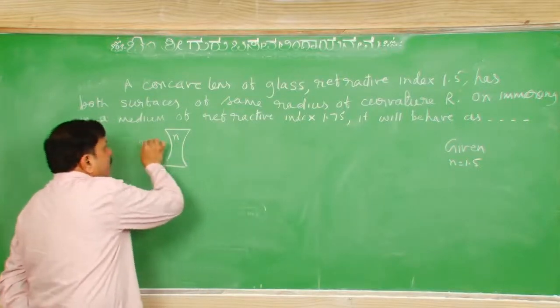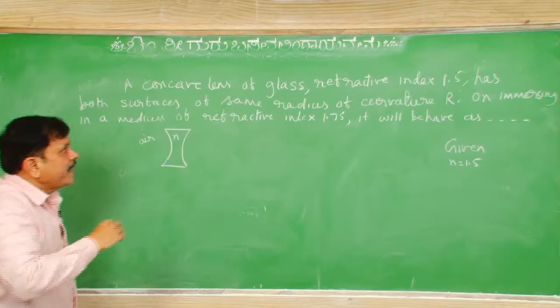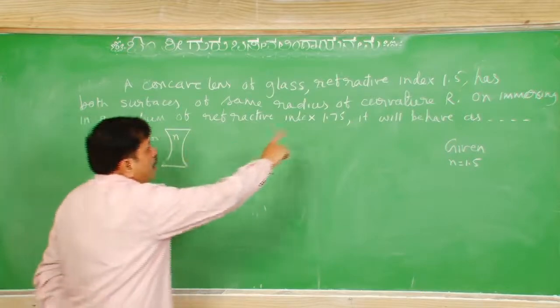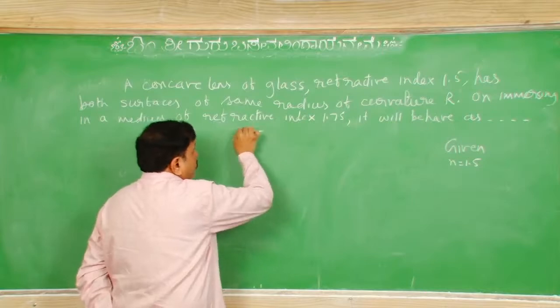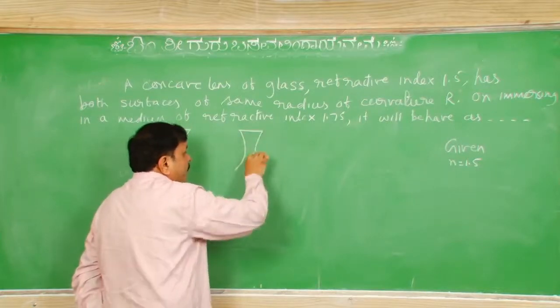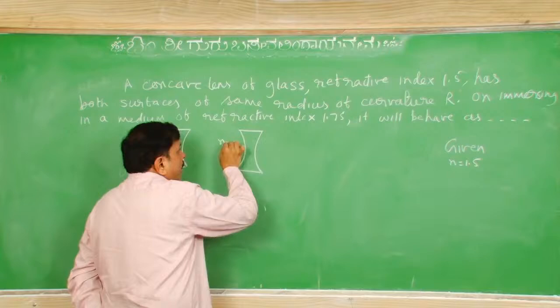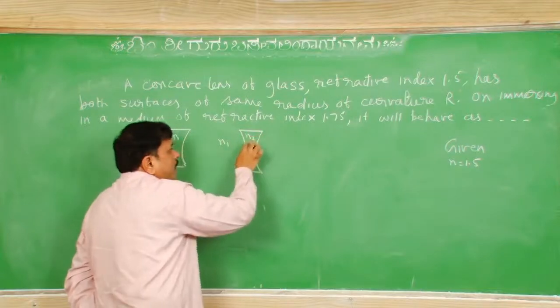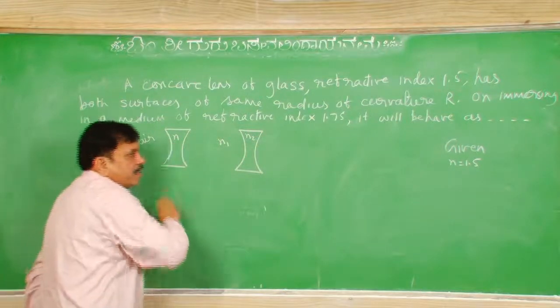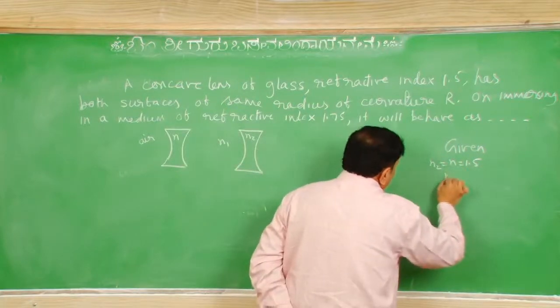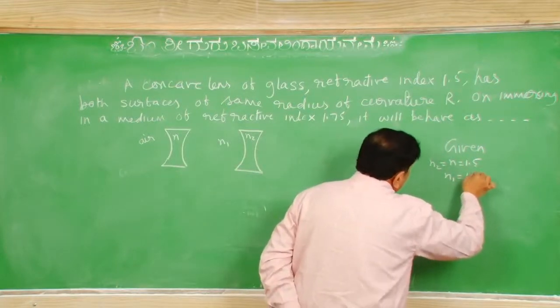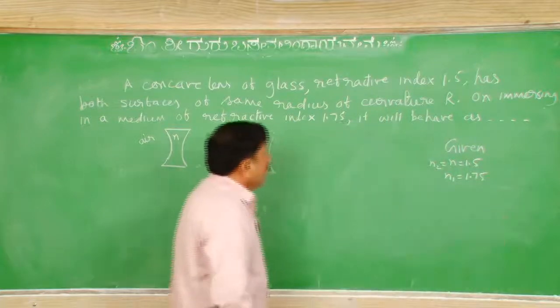Now, initially nothing is mentioned, which means air is there. Then it is immersed in a medium of refractive index 1.75. So now this lens is immersed in one medium. The refractive index of the lens we take as N2, and the medium N1 equal to 1.75.